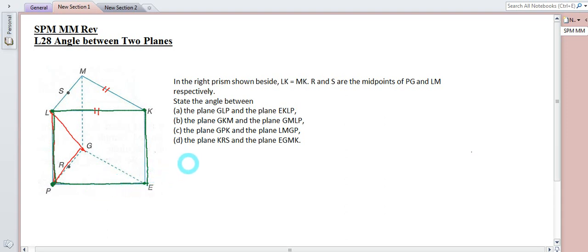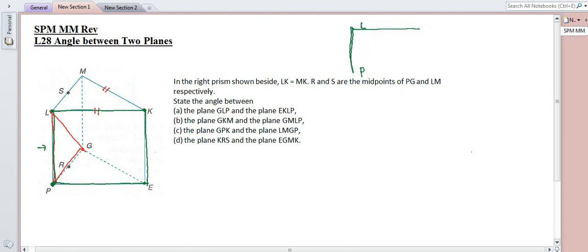Okay, so now where is the line of intersection? Here, right? This is the line of intersection. So just like I told you, if you want to determine the angle, you draw the line of intersection first. Let me draw it over here. The line of intersection, L and P. Now imagine you open it, you will get something like this.